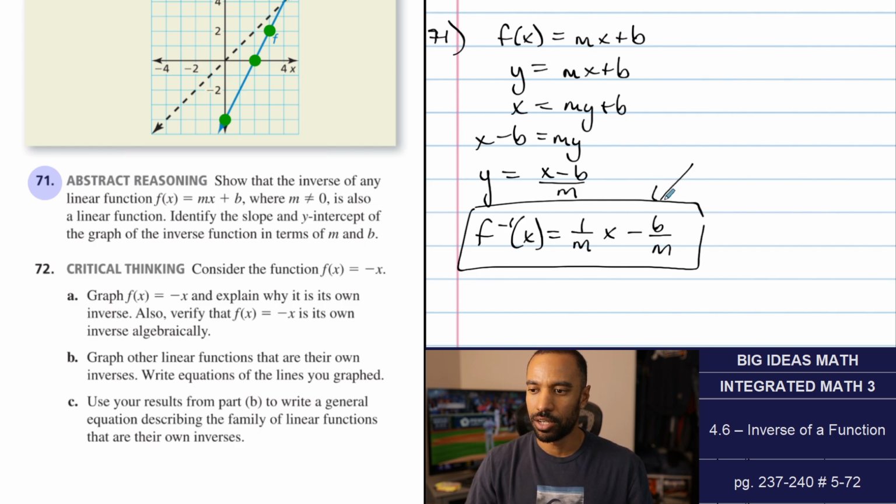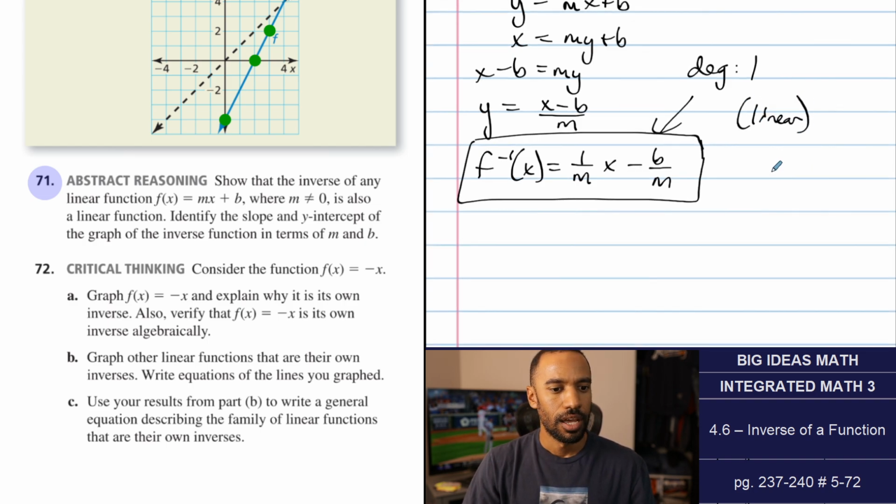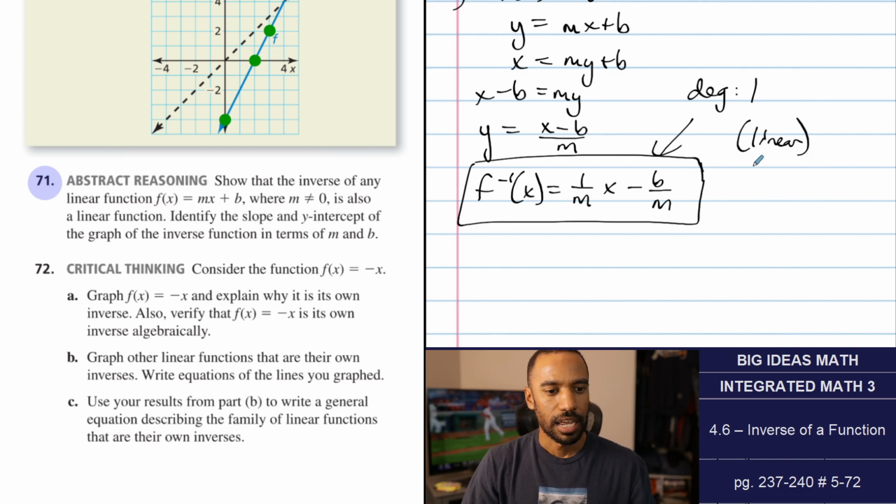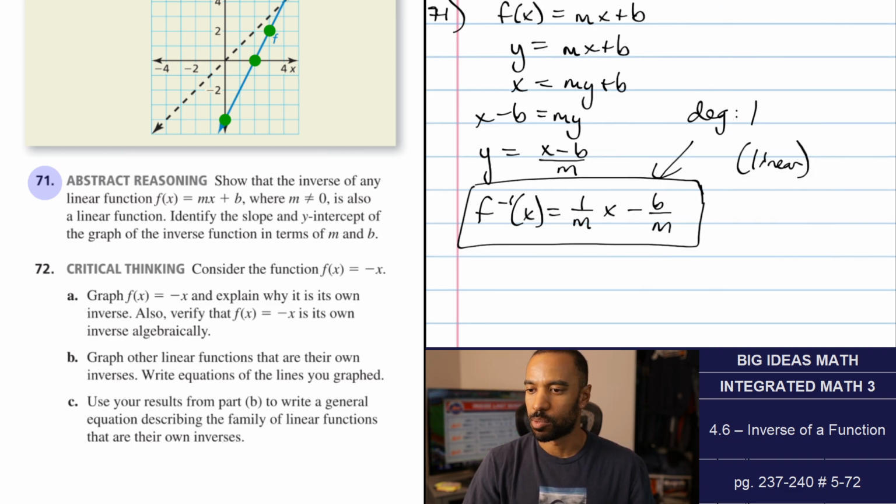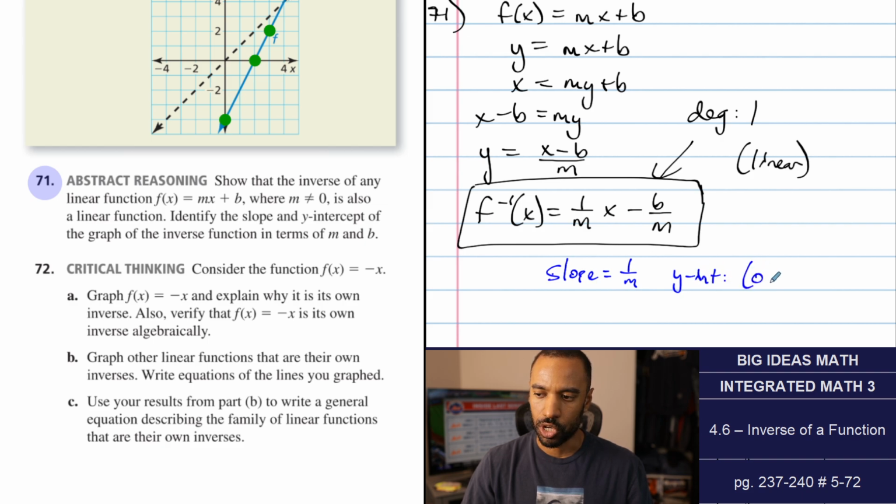It's still linear because it still has a degree of 1, as the leading term, I should say. They said, identify the slope and y-intercept of the graph in terms of m and b. The slope is 1 over m, and the y-intercept is at (0, -b over m).